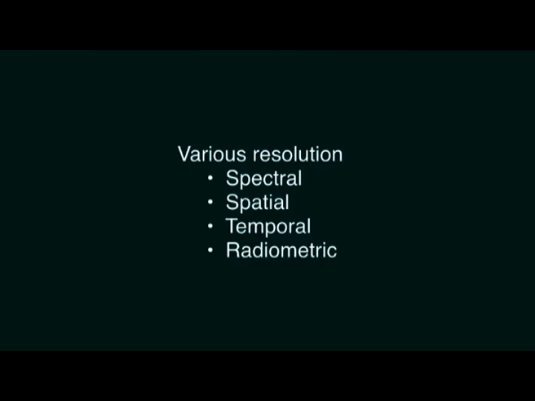And the temporal resolution is with respect to time, that is how often we get information about an area or an object. Radiometric resolution depends upon the energy levels that can be distinguished or identified from an image.